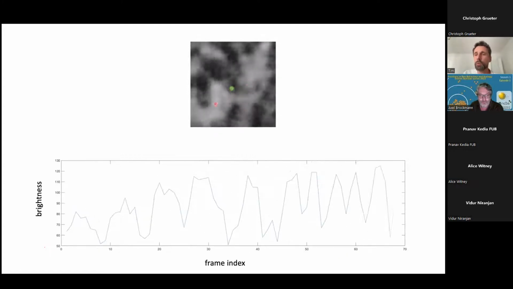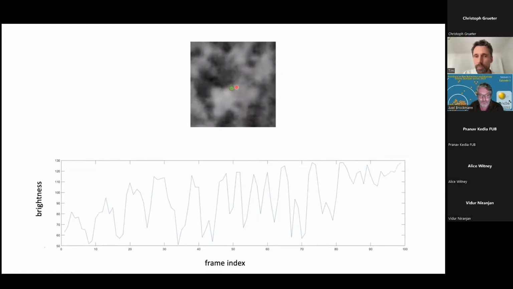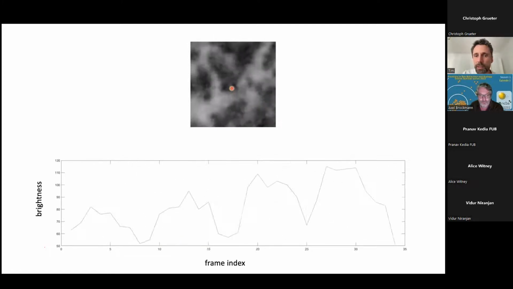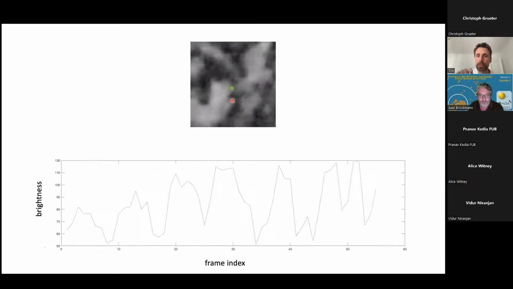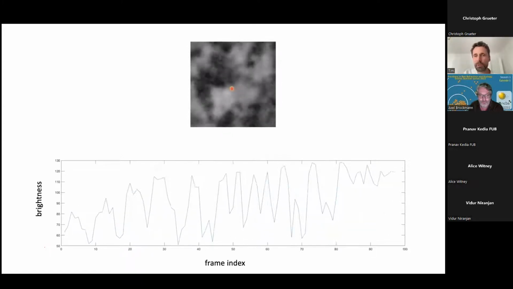But this webcam, PlayStation camera, delivered 100 hertz. And so if we look at one pixel here, which kind of touches the position where this waggling bee goes through, you see that the brightness changes accordingly, right? With the frequency of this motion.